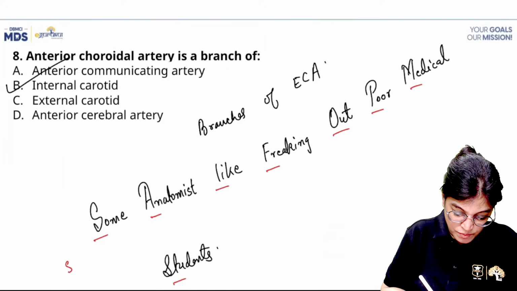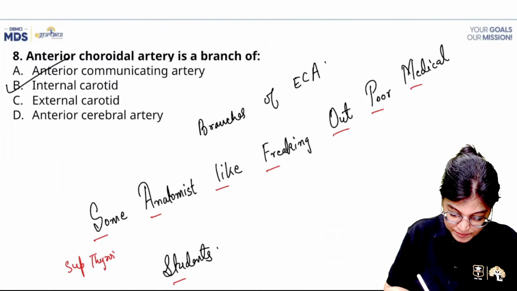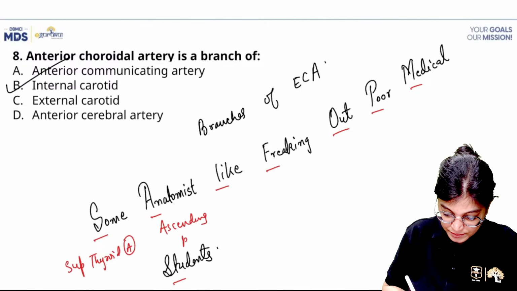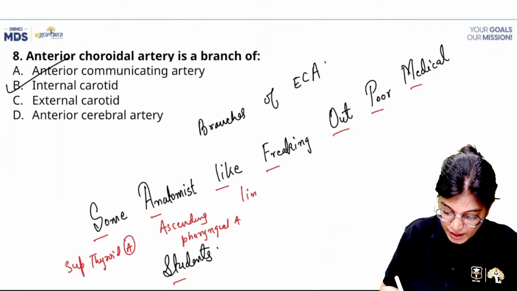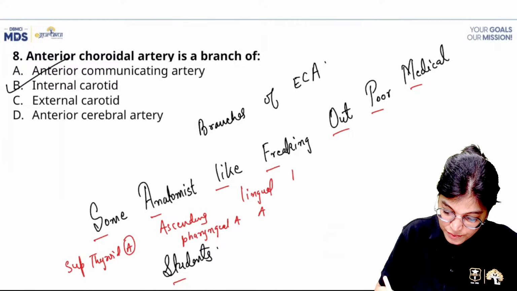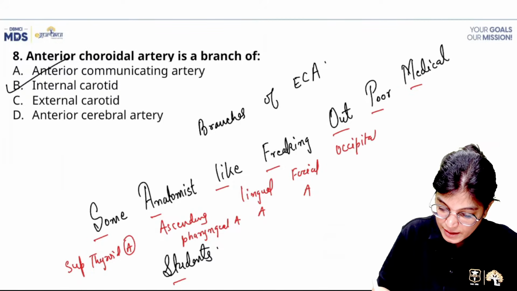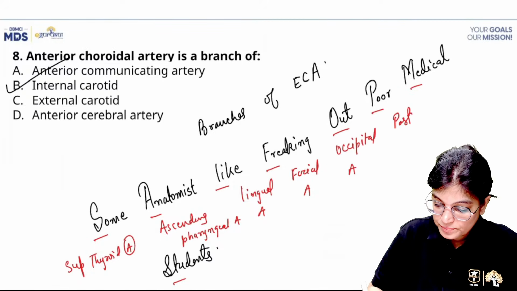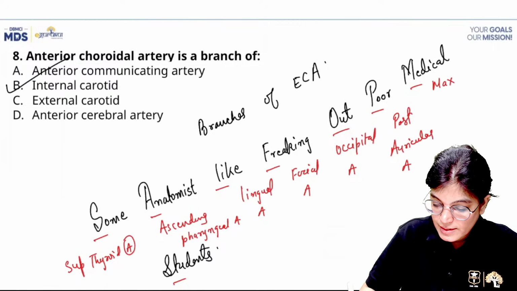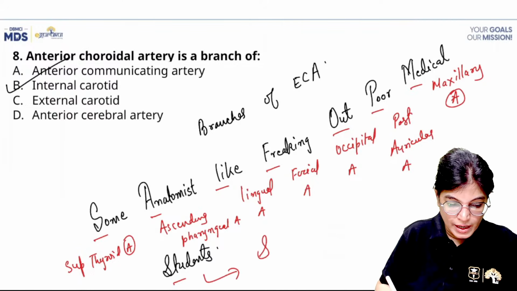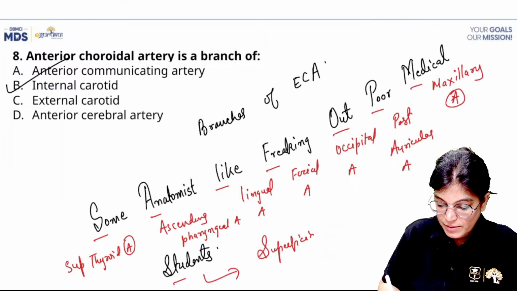SALFOPMS. So here S for superior thyroid artery, A for ascending pharyngeal artery, L for lingual artery, F for facial artery, O for occipital artery, P for posterior auricular artery, and another M for maxillary artery, and S for superficial temporal artery.